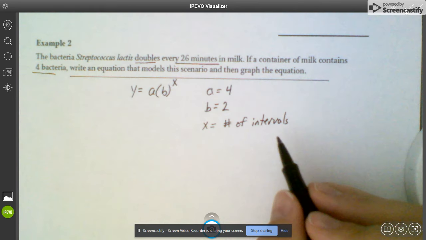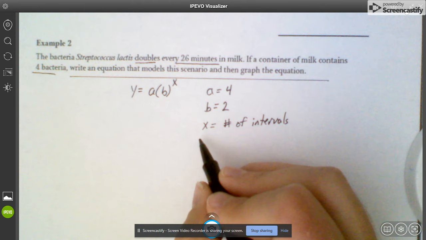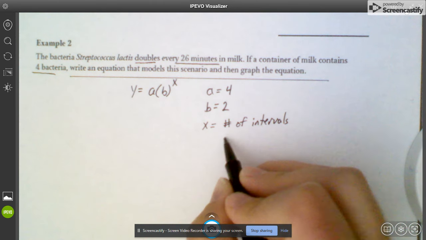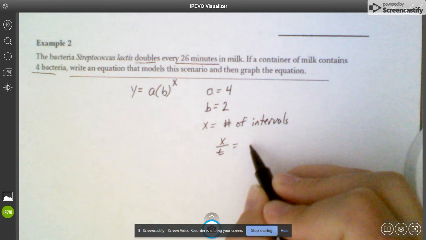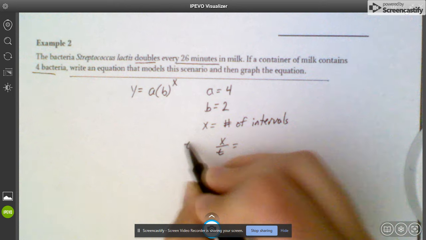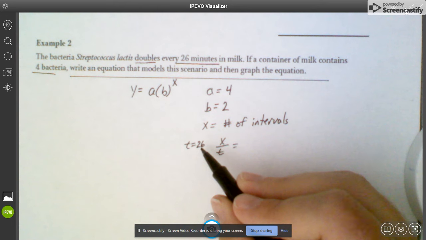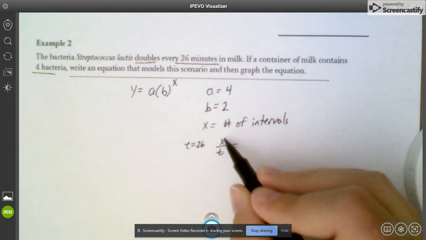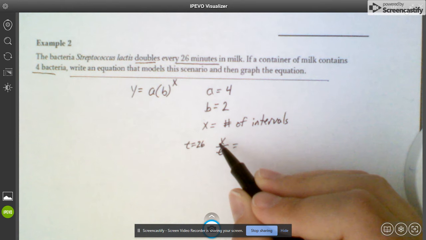So the trick is, if we're measuring in minutes, then it's actually going to be x over t, where t is 26. t is the number of minutes it takes for an interval to happen, and x is the number of minutes that have passed. So for one interval to pass, x would have to be 26.